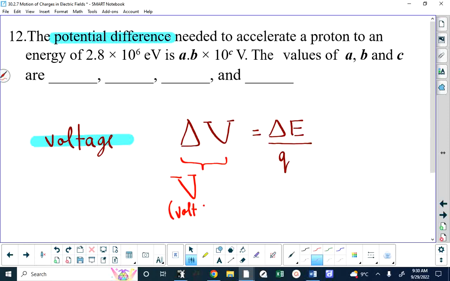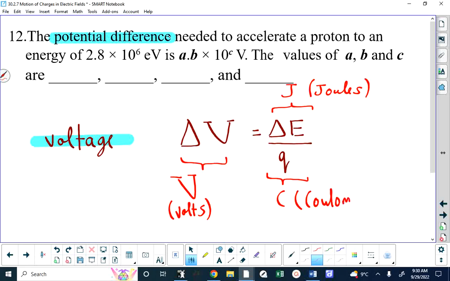So what I'm writing in red are the units. This is energy, which is joules. And this is charge, which is measured in coulombs. So I'm abbreviating the unit, but I'm also writing what the name of the unit is. So when you use this formula, you have to use those units.